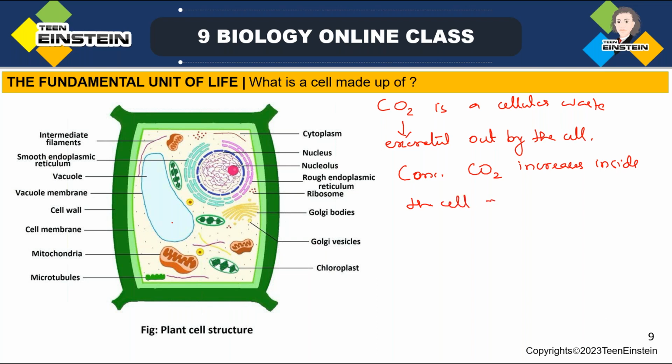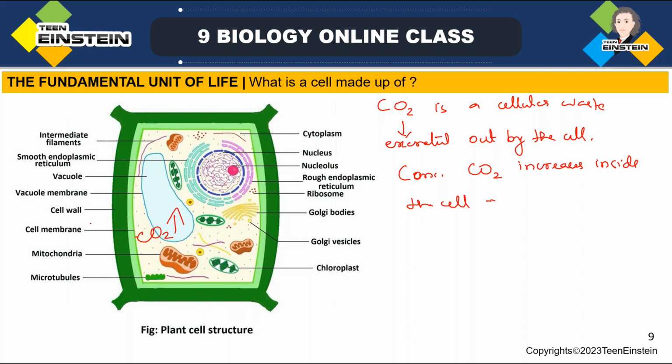Right, due to all cellular processes inside the cell, the carbon dioxide level is increasing because that is a cellular waste and that should go out. So that accumulates in higher concentration inside the cell.